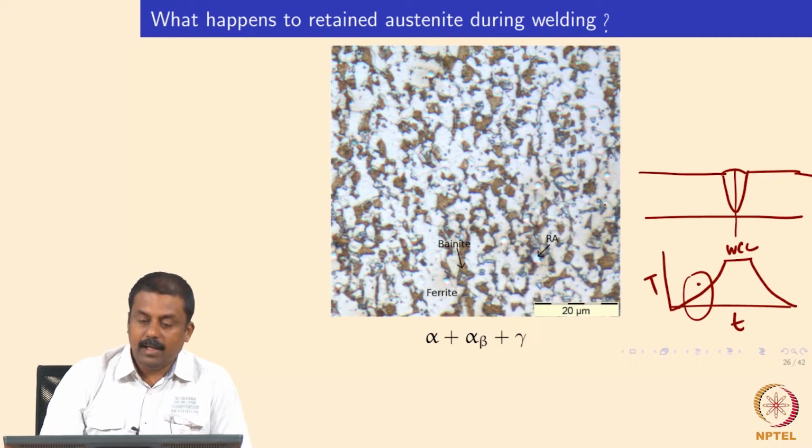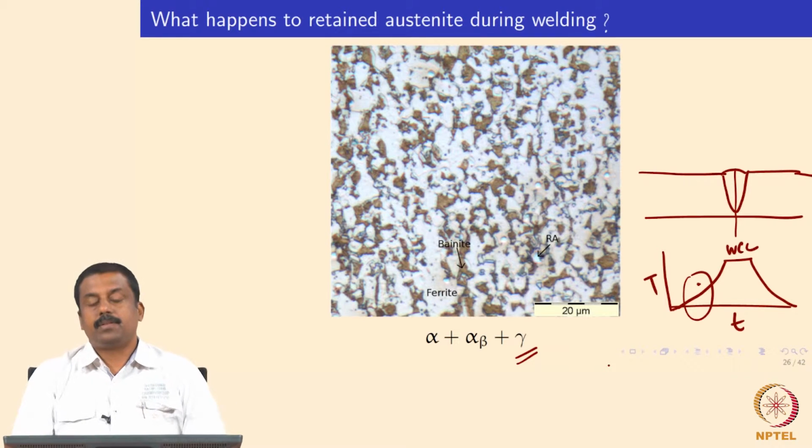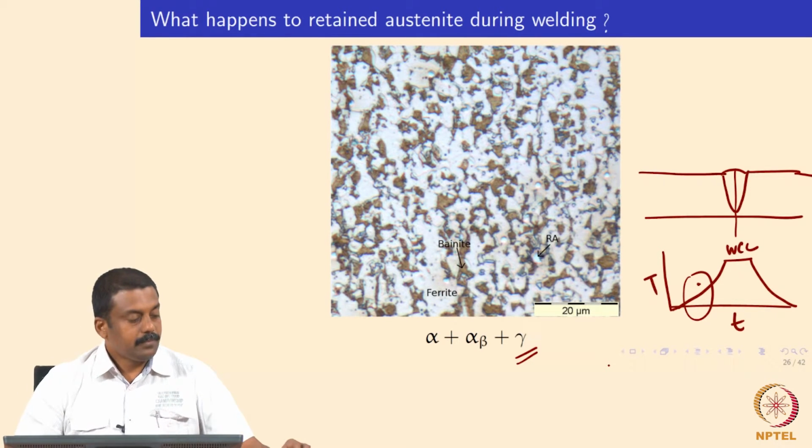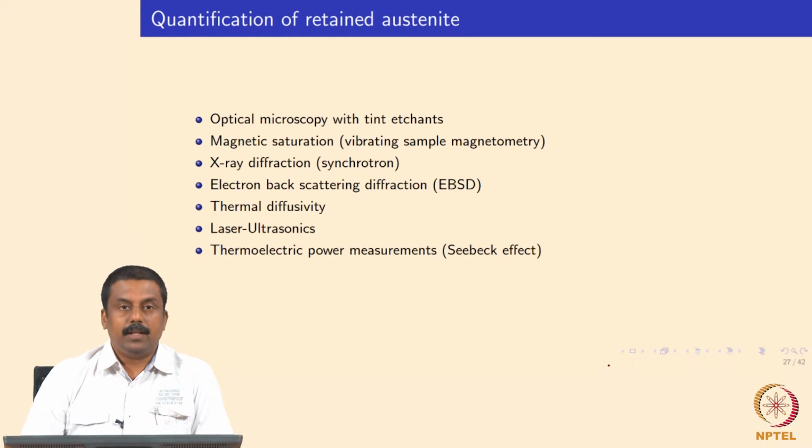So, we will see what happens to retained austenite in the microstructure, because retained austenite is a very important constituent to get the properties of the TRIP steel, or even in complex phase steels, and we may need the retained austenite to achieve the combination of strength and ductility. And first of all, we need to look at what techniques are available to quantify retained austenite in steel microstructure.